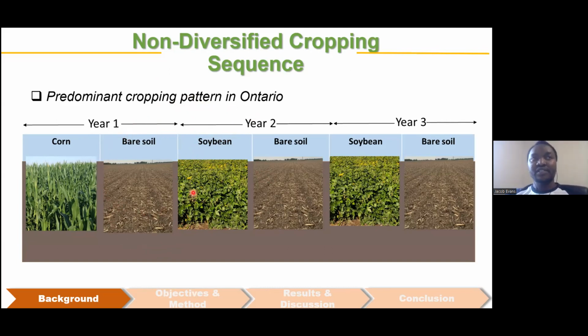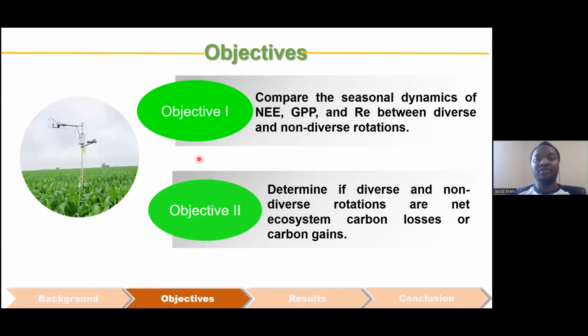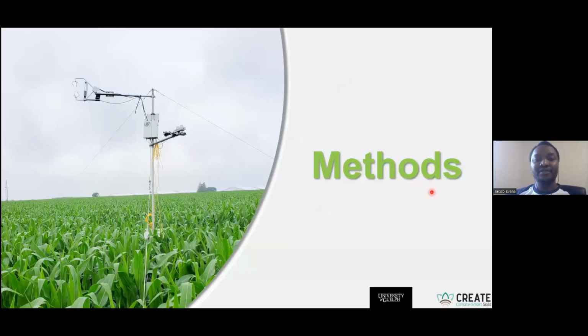This reveals the need for improved management options that can increase carbon inputs to soil, which is what my study is about. The first objective is to compare the seasonal dynamics of GPP and respiration between diverse and non-diverse rotations, and the second is to determine if diverse and non-diverse rotations are net ecosystem carbon losses or carbon gains.